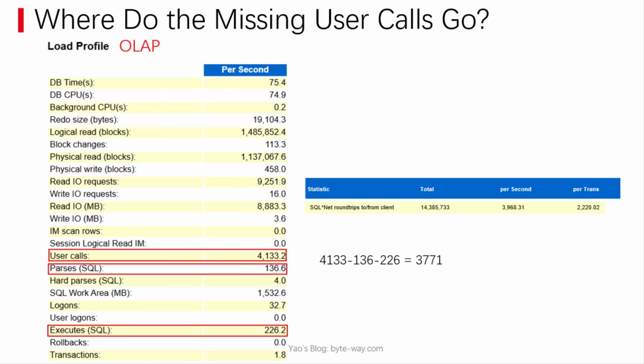The oddity in this OLAP application is that we see 136 parses and 226 executes per second, but user calls are way higher, 4,133 per second. So where did the extra 3,771 calls come from?